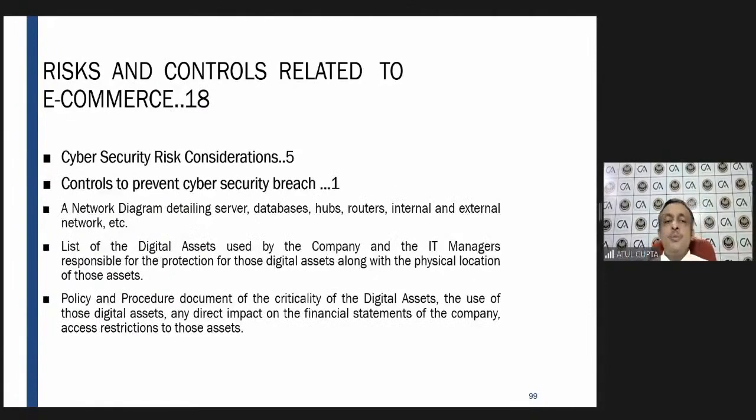What controls need to be put in place? You have a network diagram detailing servers, databases, hubs, routers. Everything has to be defined. The digital assets need to be defined. Responsibility needs to be fixed. Policy and procedure documents on the criticality of digital assets need to be defined.